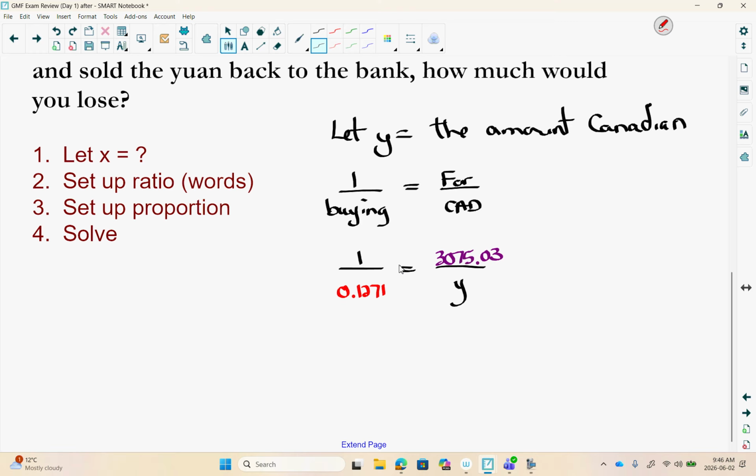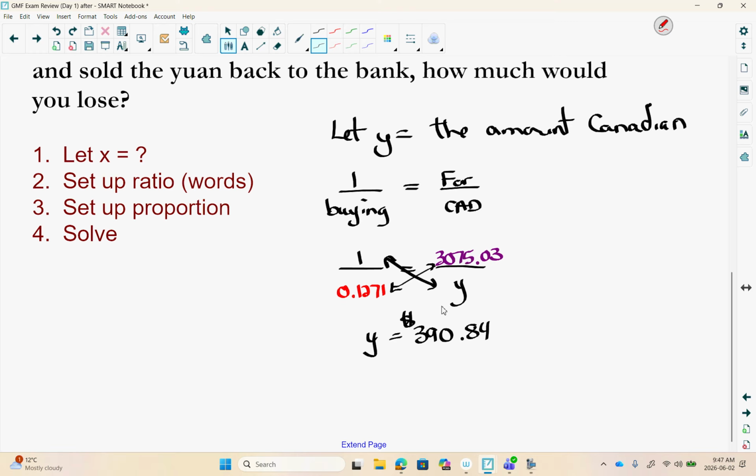I'm going to cross multiply. 1 times Y is Y. 3075.03 times 0.1271 gives me 390.84. Now that's how much Canadian I would get back.